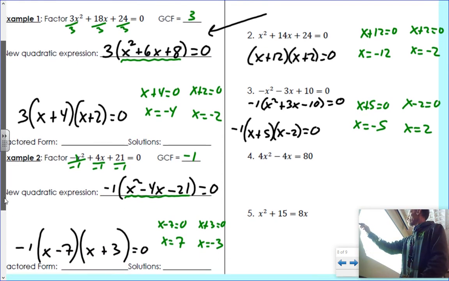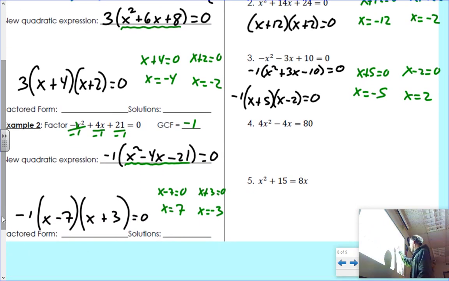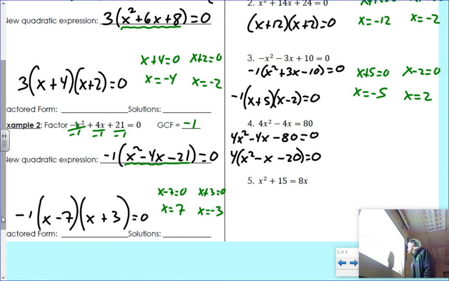Number 4, we've got to do 2 things. We have to move the 80, so we get negative 80 equals 0. And then we have a GCF, so we take 4 out of everything and divide it all out. And of course, if you wrote that as negative 1x for your b value, that's totally good too. So now we can factor the inside.